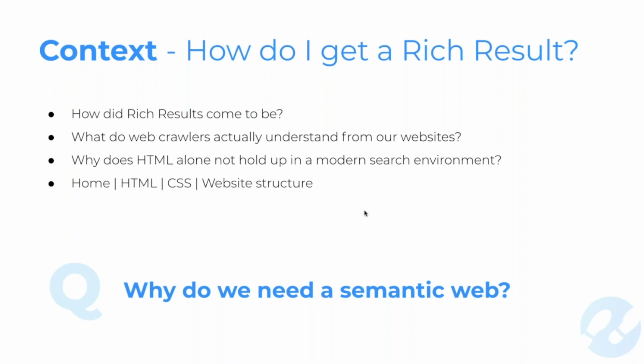Yes, they do. This is separate from just a regular organic result, right? In a regular organic result, you would just have the URL and the meta description, and that's about it. Rich results or rich snippets add more additional content for the Google searcher to see.